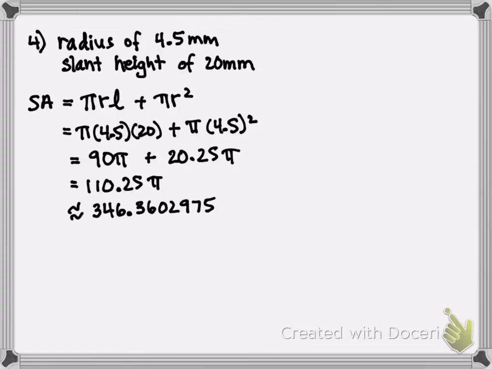And then I round to the nearest tenth. And so that's going to give me a final answer of 346.4. The 6 is going to round that 3 up to a 4. And the label would be square millimeters.